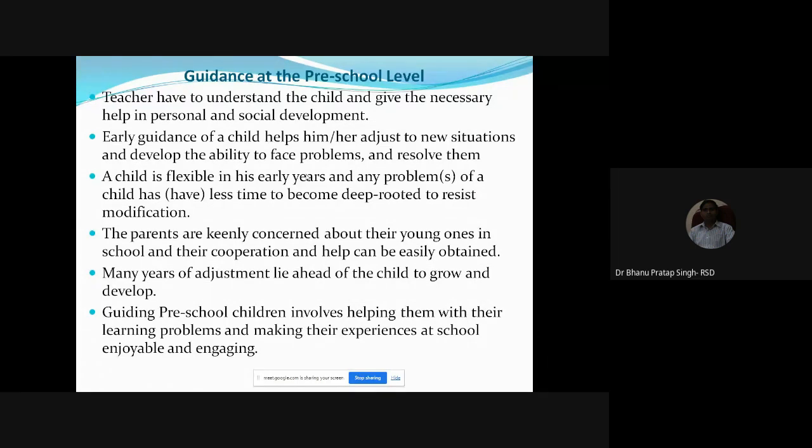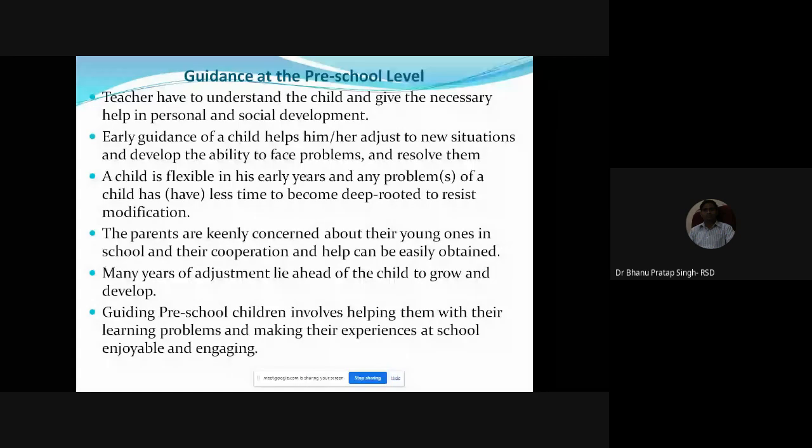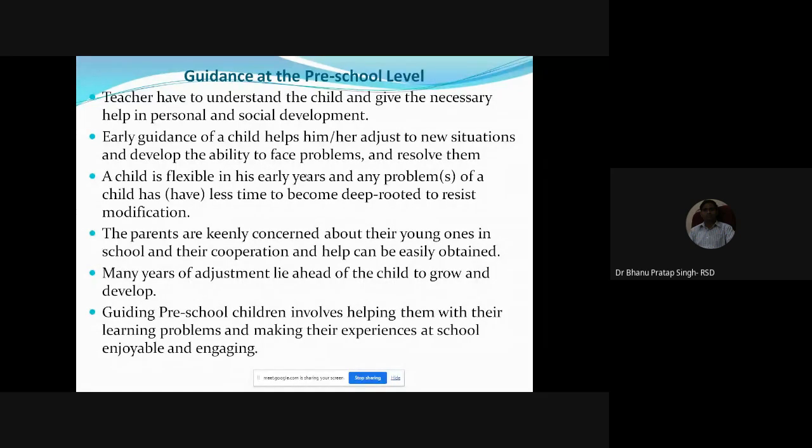The parents are keenly concerned about their young ones in school and their cooperation. So it is the duty of the teacher as a mentor. Even if the child finds an issue regarding adjustment, how the child will grow, how the child will develop, the guidance is important at this level also.